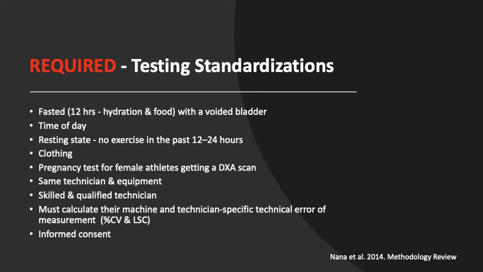Ensure that they're always tested in the same minimal clothing. Have a pregnancy test for female athletes getting a DEXA scan. Ensure that you have the same technician and equipment used. This is extremely important because there is intra-tester variability, and there's lots of variance between equipment, as we showcased in the previous slides.